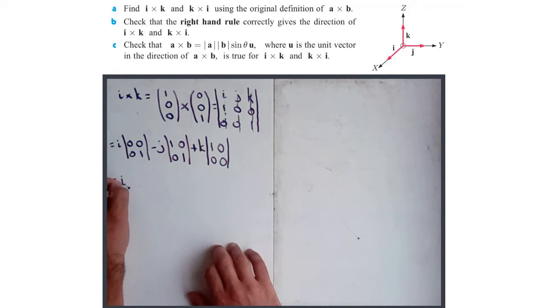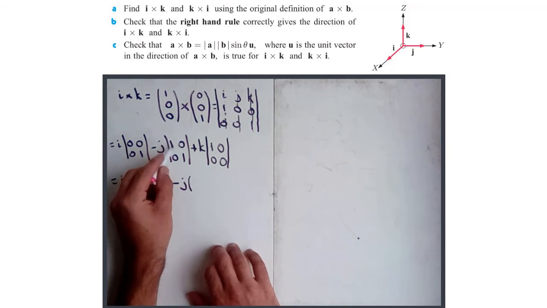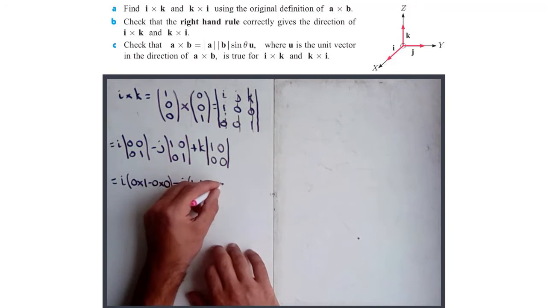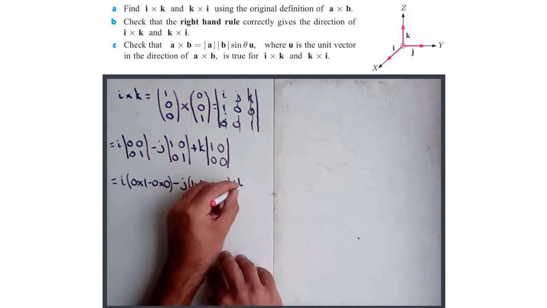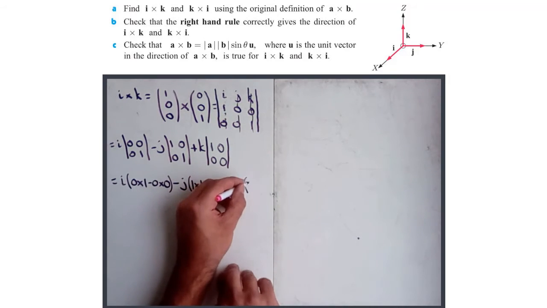So it's i times, well, 0 times 1 minus 0 times 0, minus j times 1 times 1 minus 0 times 0, plus k times 1 times 0 minus 0 times 0.